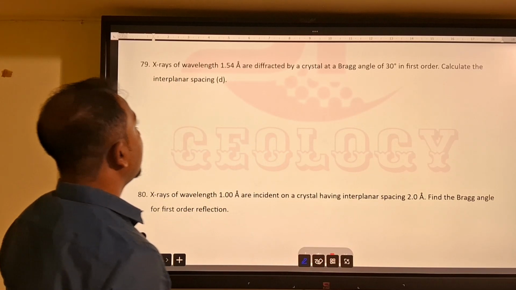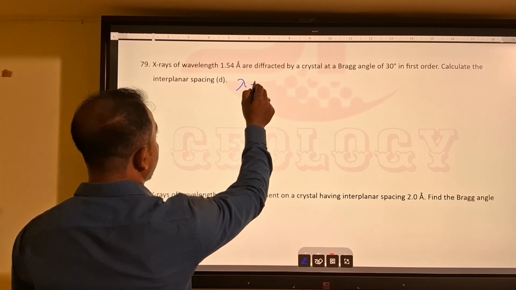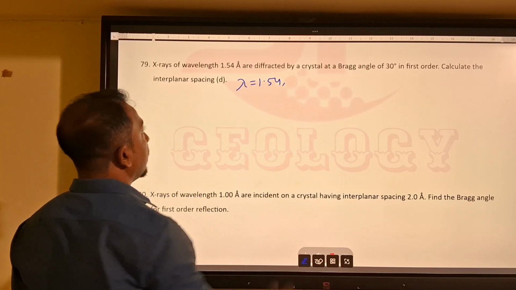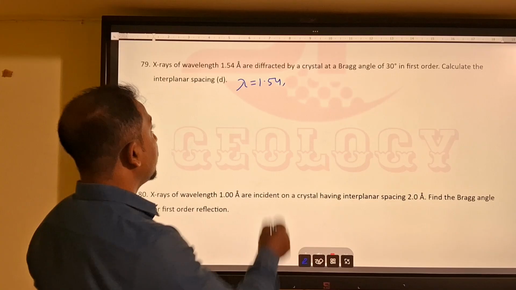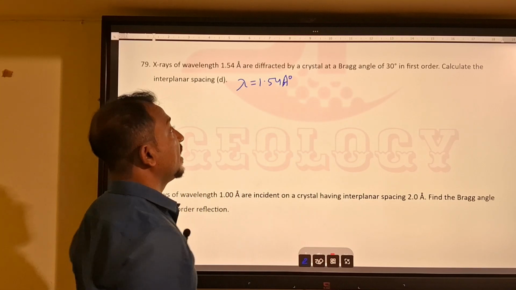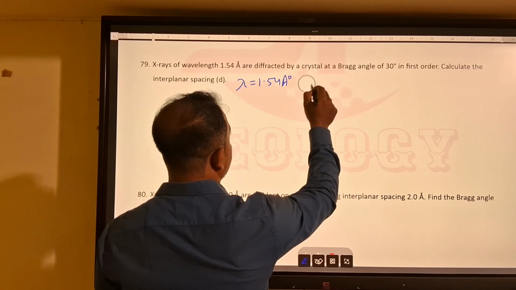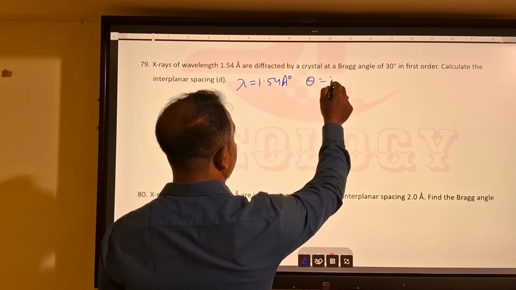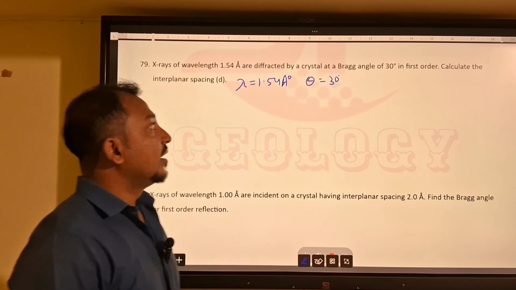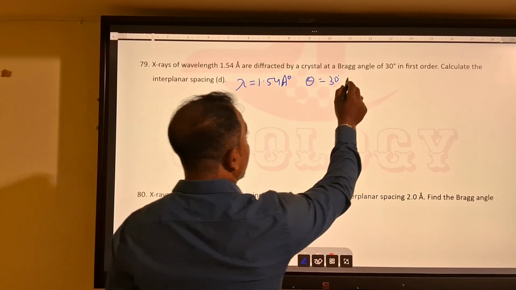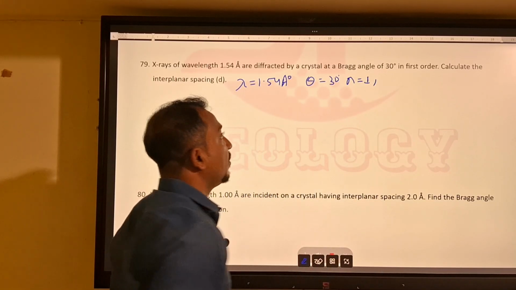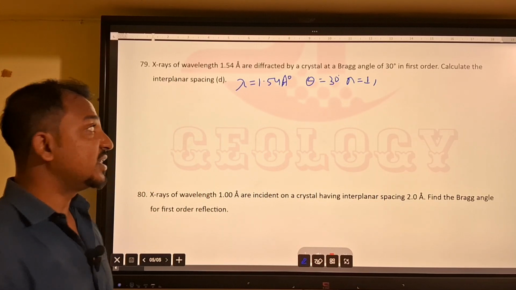An X-ray of wavelength 1.54 angstrom is diffracted by a crystal at a Bragg's angle of 30 degrees. So lambda is given as 1.54 and theta is given as 30 degrees, and in first order, that means n is 1. So you have to calculate the interplanar spacing.